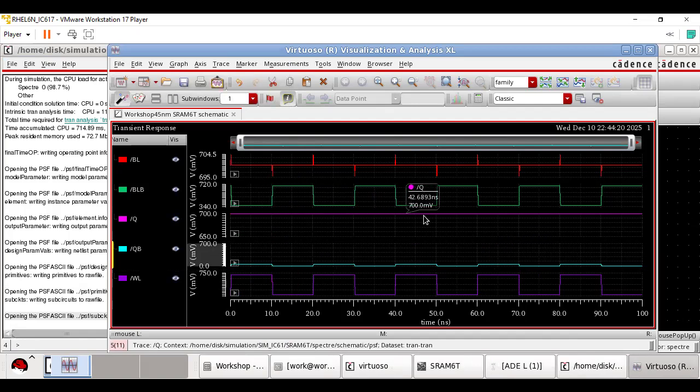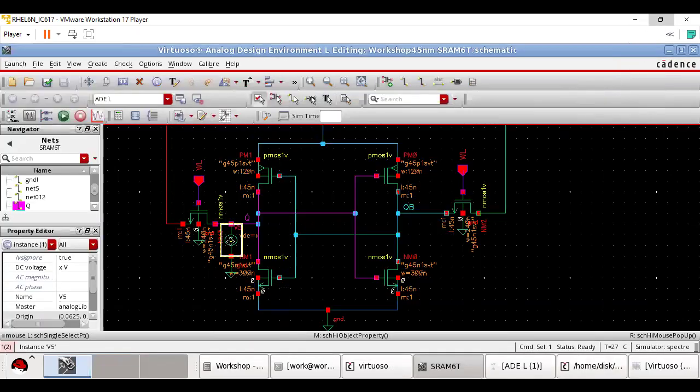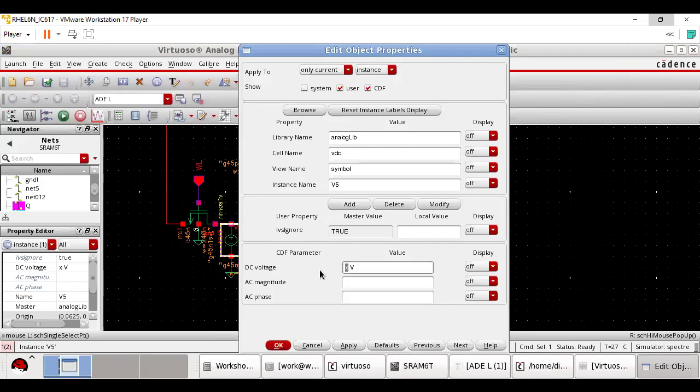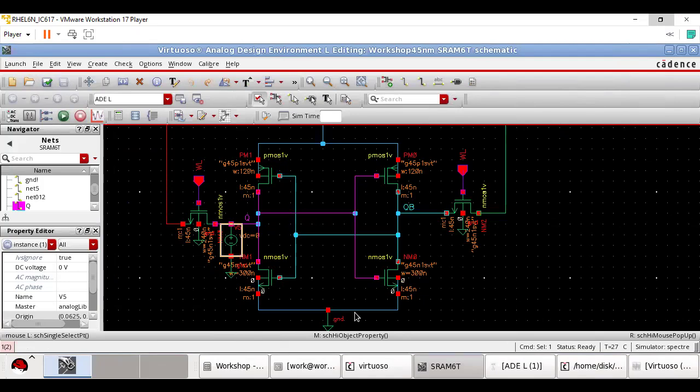This is your Q, which is absolute one. This is your WL. When it is high, the BLB is discharging. When it is low, BLB is not discharging. And if you have zero over here, you will see that the discharging is at BL.